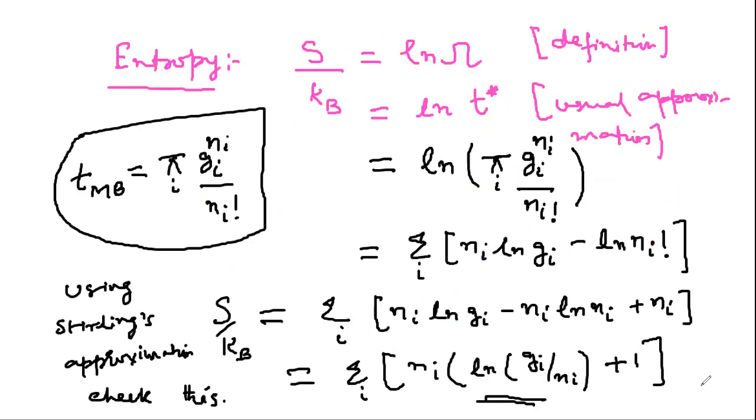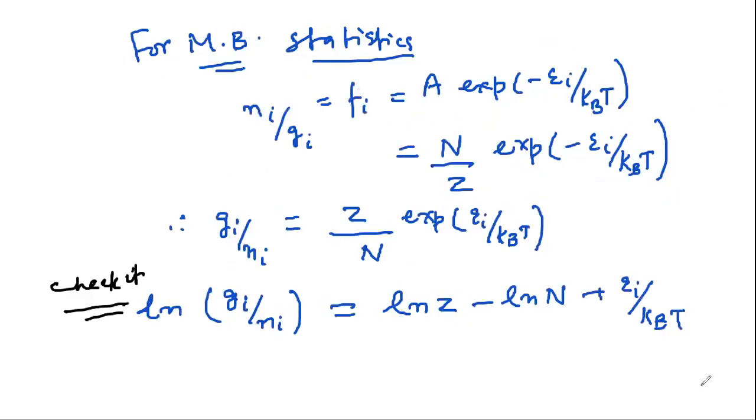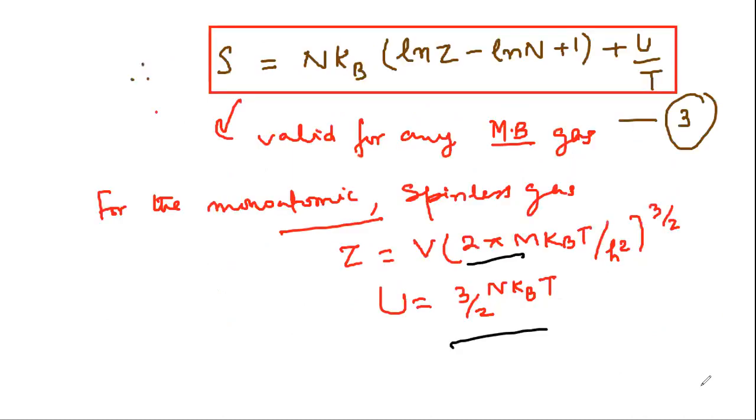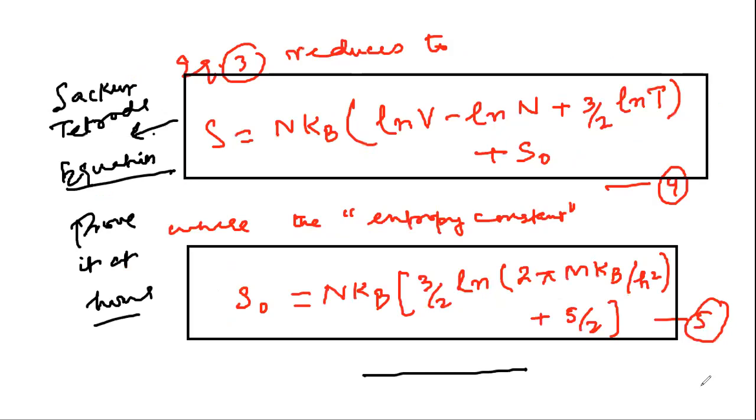Then we found the expression for entropy. First, we obtained the expression for entropy for any Maxwell-Boltzmann gas. Then for a specific case, monoatomic spinless gas, which is the Sackur Tetrode equation.